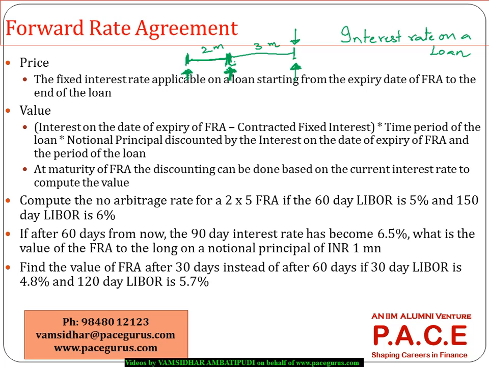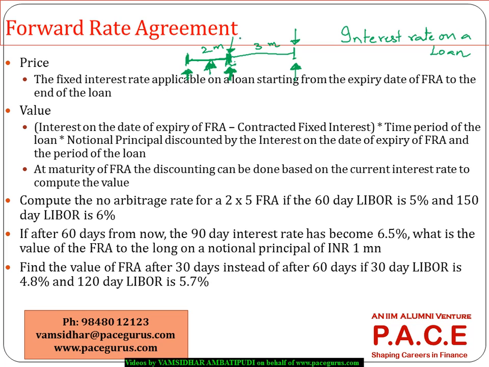And of course, if I want to find out the value, I can find the value as on this date, which means before the FRA has expired. If I want to find out the value of the position to the long or short, or I can think of finding the value on the expiry or maturity date of the FRA.